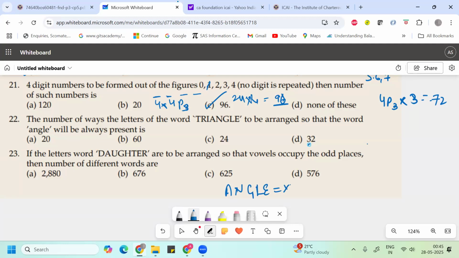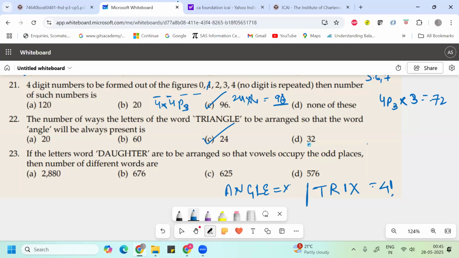It would always be ANGLE. Now, TRIANGLE is not just the word triangle, it is TRI and ANGLE. Suppose ANGLE is x. So TRI and x you can arrange in how many ways? 4 factorial ways, so the answer would be 24. And x cannot be rearranged because you want ANGLE. You don't want any kind of arrangement among its letters. You want the first place to be A, then N, then G, then L, then E.